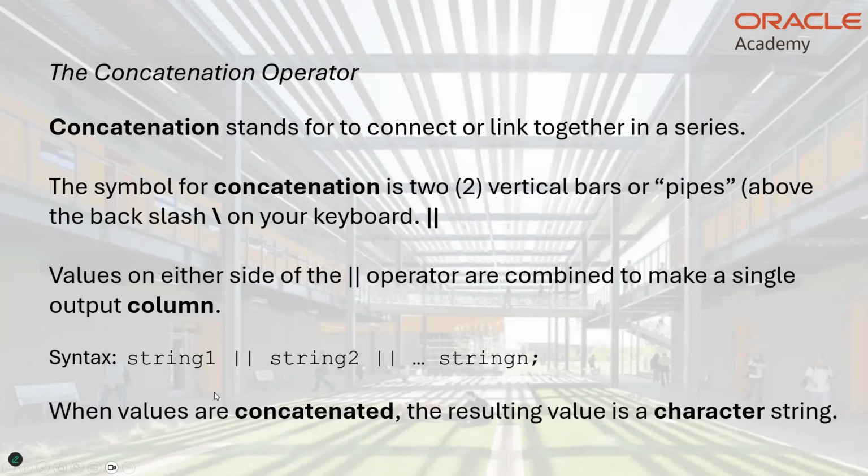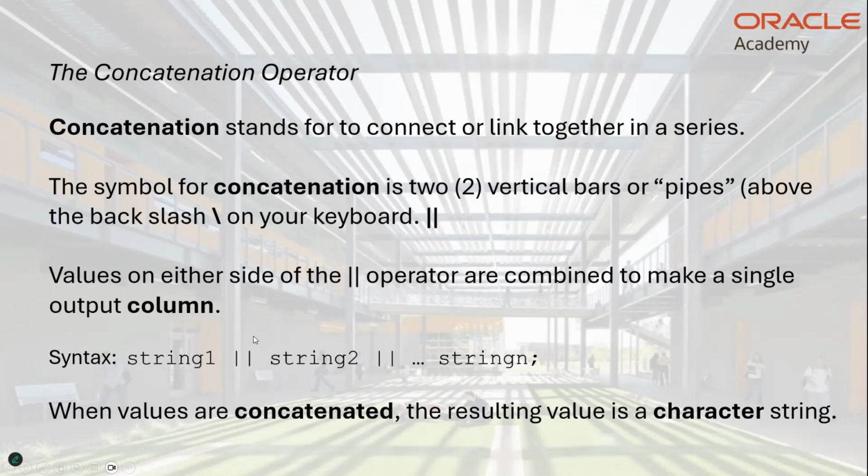So in essence, and this should be common sense, when you're concatenating strings, the result is going to be a string. Now, hopefully you're not thinking, can we concatenate dates? Well, no. Generally, we're going to look at strings. Can we concatenate numbers?